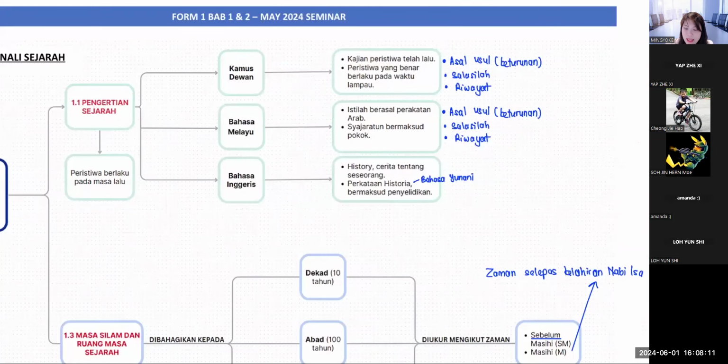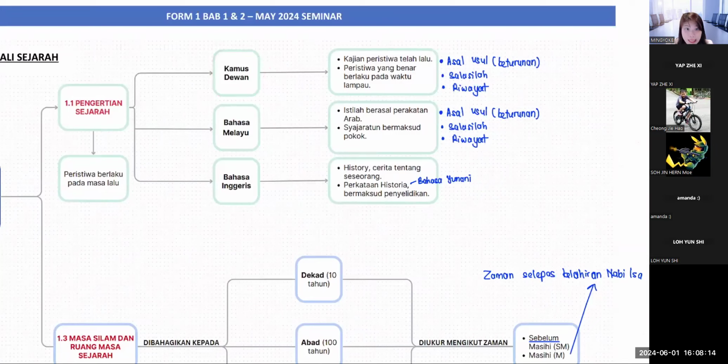Based on Kamus Dewan, history is research of an incident that already passed, and that incident actually happened. It is not something people think about or predict. Examples are our origin, our family tree, and our life history. Riwayat is like your life history.